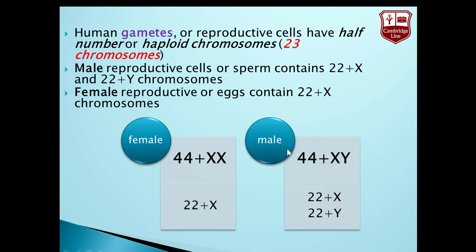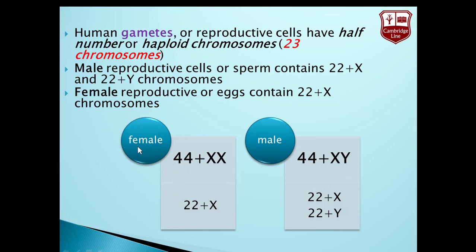The male has 44 autosomes and XY, but he will give to the next generation 22 autosomes with X or 22 autosomes with Y. But the female's reproductive or egg cells contain 22 plus X. Why?